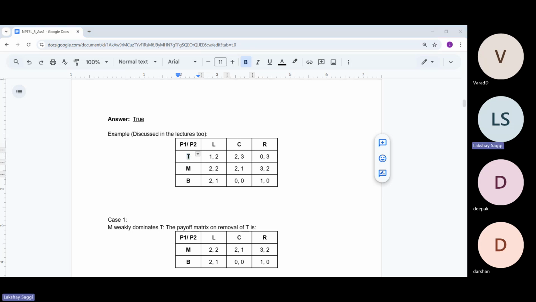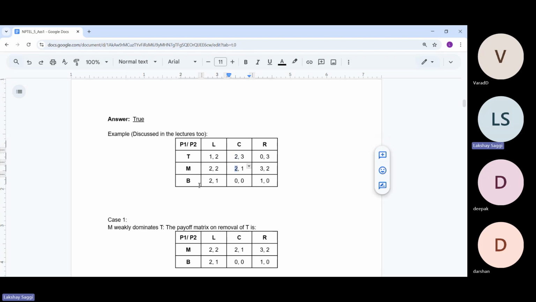That's what we mean by weak domination, right? If the column player had played L, then on playing M, the row player gets a payoff of 2, while playing T gets a payoff of 1. So if the column player played L, then M is a better strategy than T. Similarly, if the column player had instead played C, then on both M and T, the payoff is equal to 2.